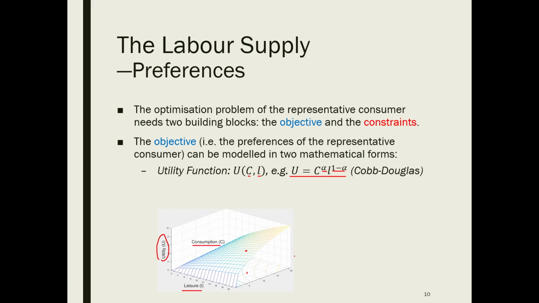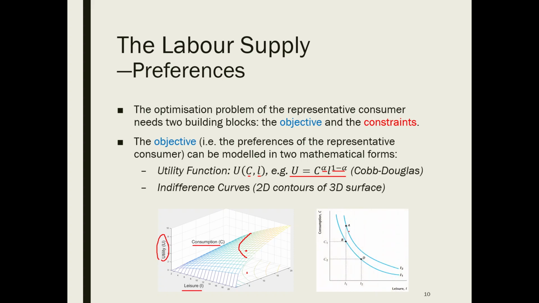An alternative but equivalent form is the indifference curve. If we cut the 3D surface of the utility function at a given level U, then we will have a horizontal contour of the surface. Project this contour onto the LC coordinates, and we will have a convex curve. This convex curve is the indifference curve.